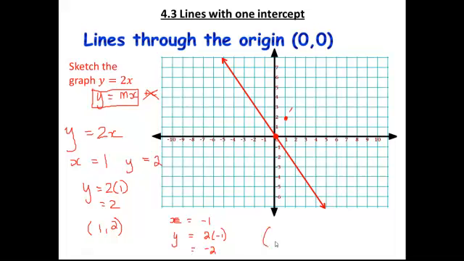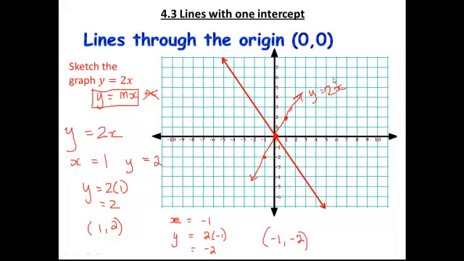So another point on this line is the point (-1, -2). Let's plot that. And we can see that it's in line with the other 2 points that I've already plotted. So that's my check. I must be on the right track here. So let's draw a line through, and there's the graph of y = 2x.